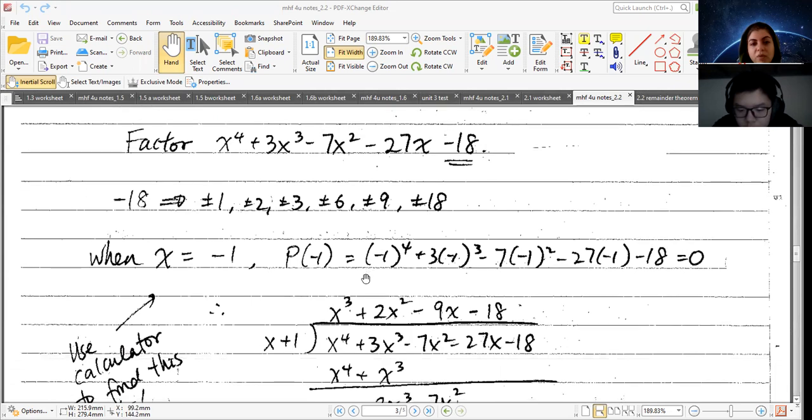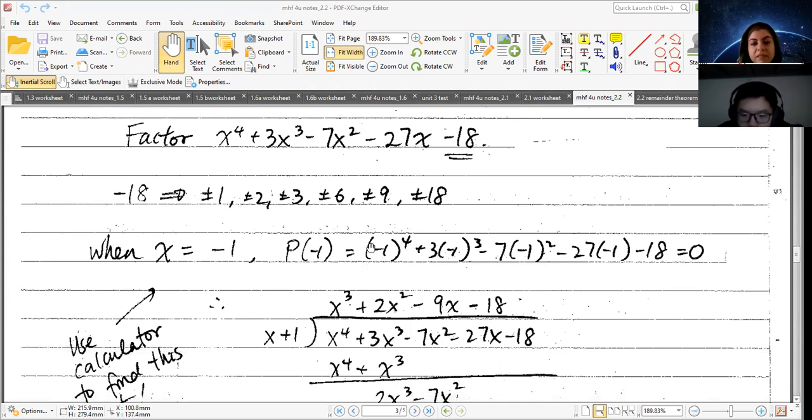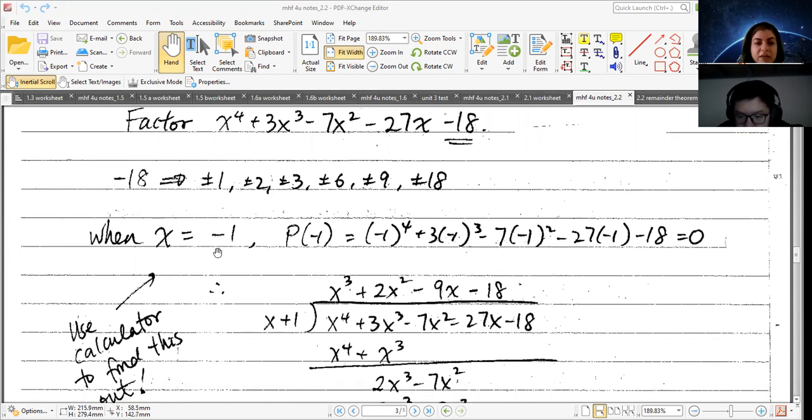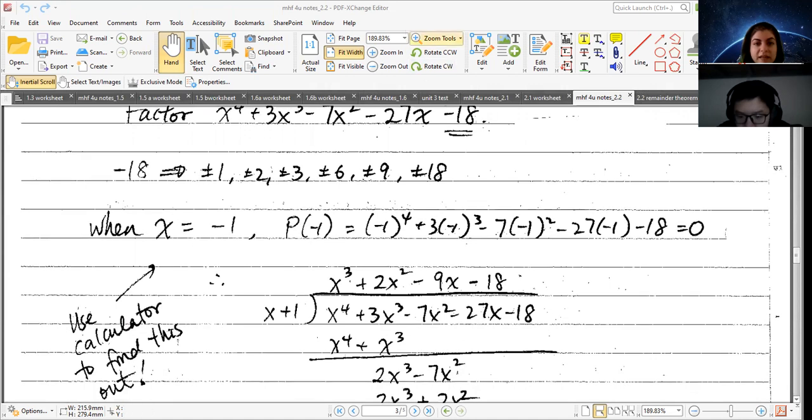Then you try one by one to guess one factor. So let's say we try x equal to negative 1, so p(negative 1) is 0. So negative 1 is going to be a factor. If x equal to negative 1 is a root, it means x plus 1 is one of the factors, right? So you divide your polynomial by x plus 1, and you get the answer by doing it.